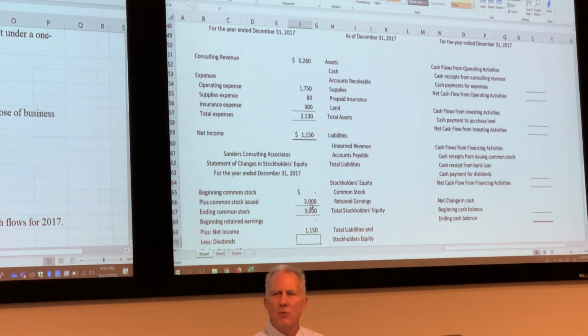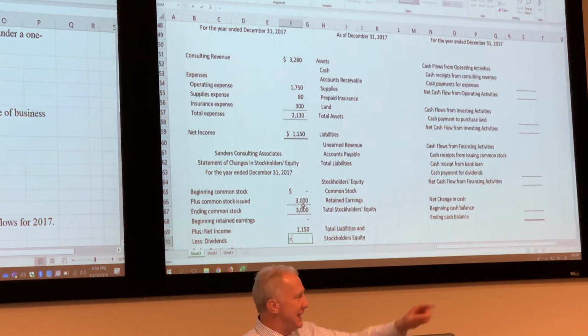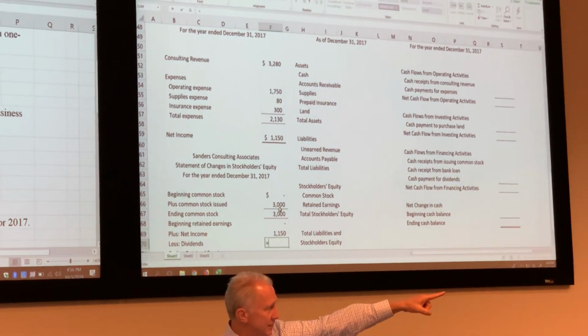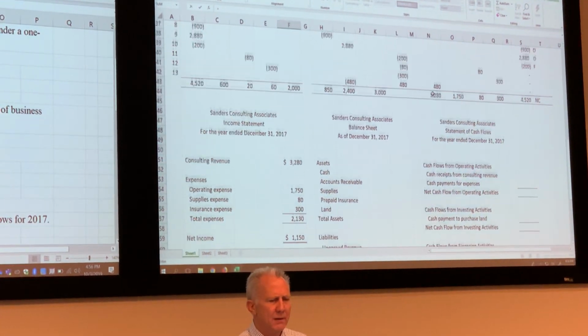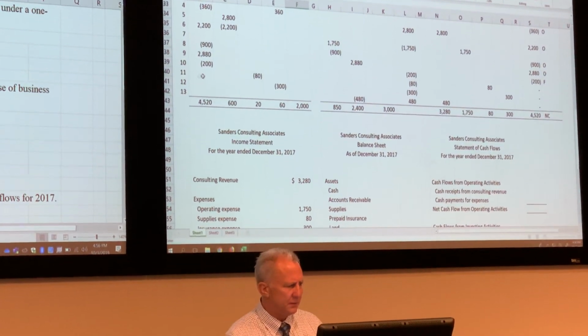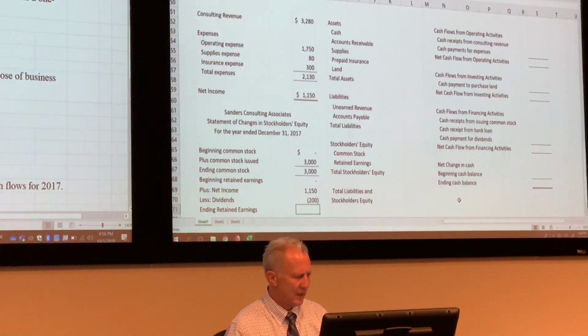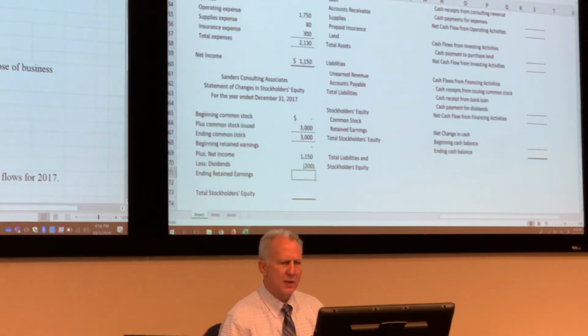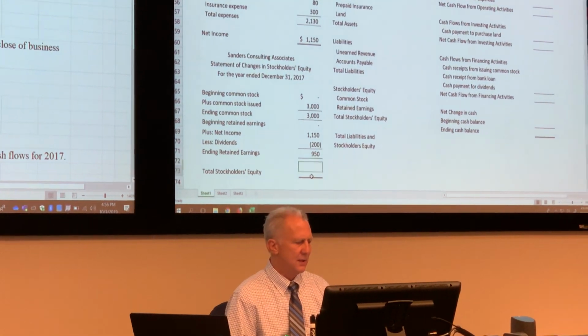We get the $1,150 net income from the income statement, less the dividends, right? And then retained earnings. How much dividends did we pay? 200. And in retained earnings, $950.